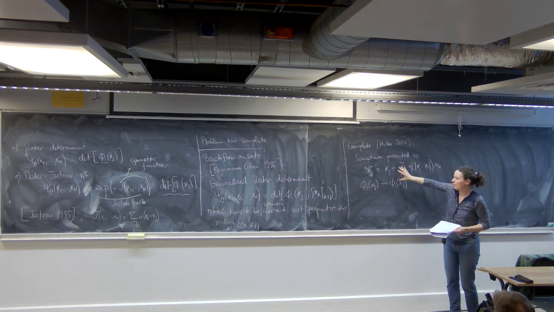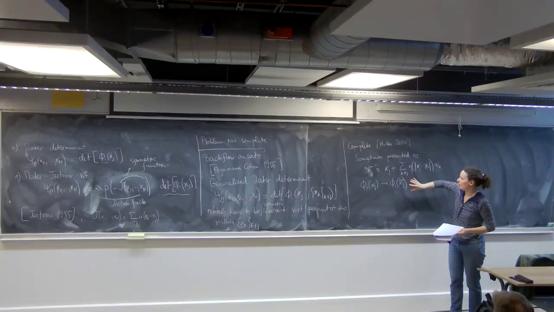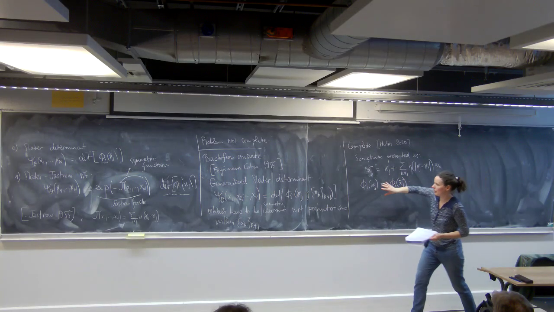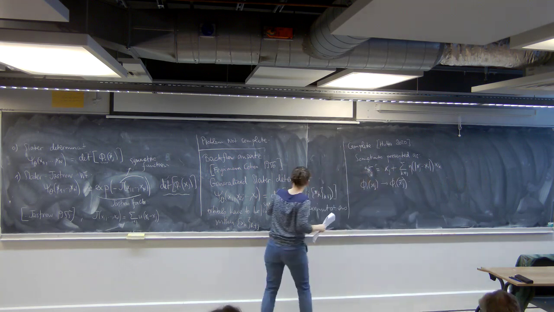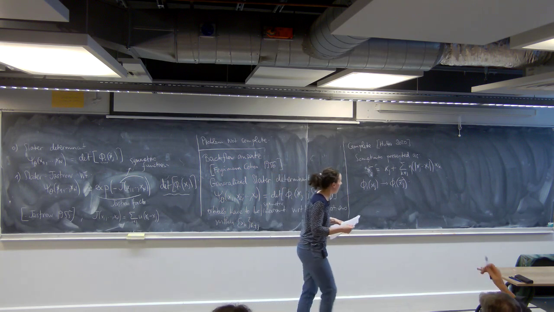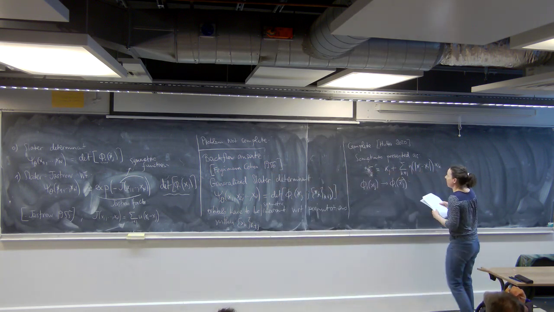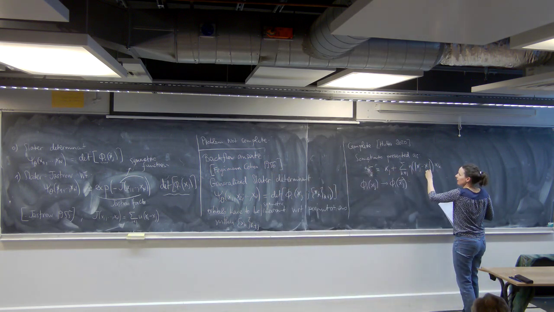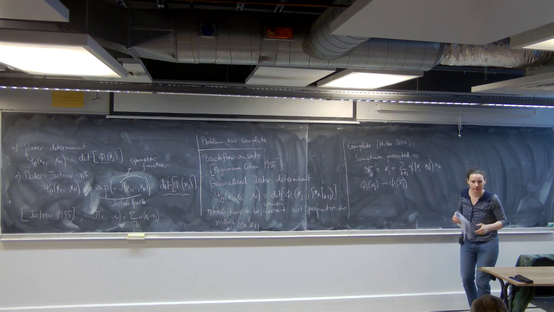So here, this is a specific choice for this generalized orbital. You mean xj minus xk? Yes. Thank you.